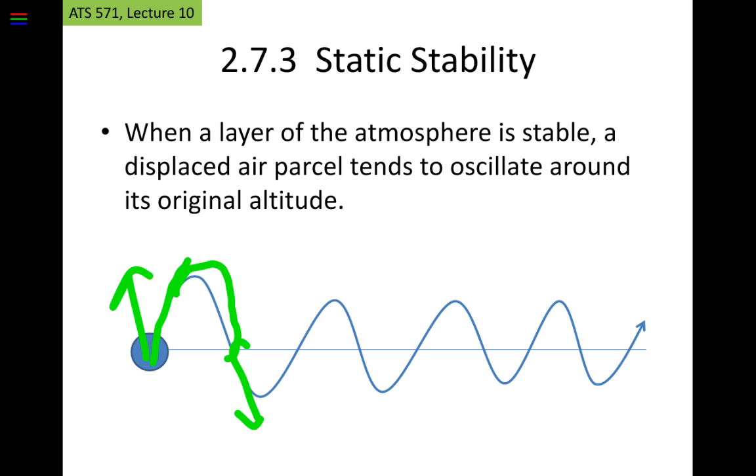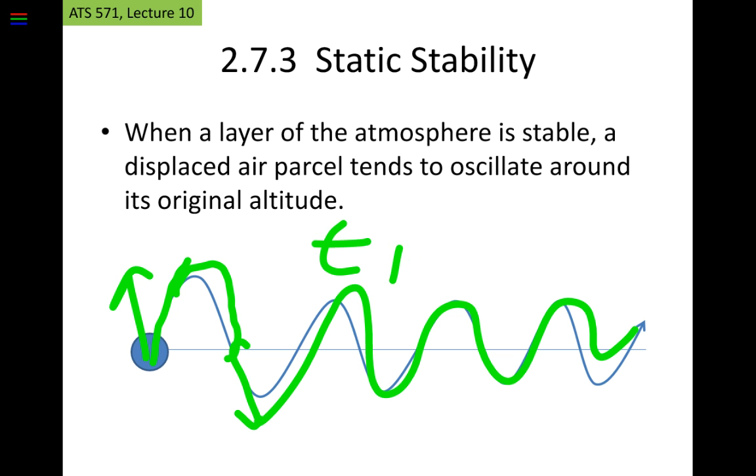But here it's warmer than its environment. It's experiencing positive buoyancy, and you just get this sort of oscillation. I'm drawing it along this axis here, and this axis might, for example, be time moving that way. Your air parcel wouldn't necessarily have to be translating to the east or something. It could be just standing in place, but oscillating vertically.